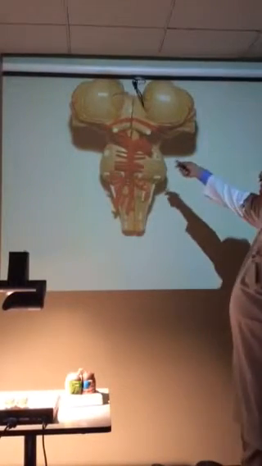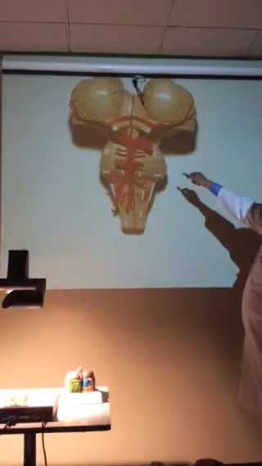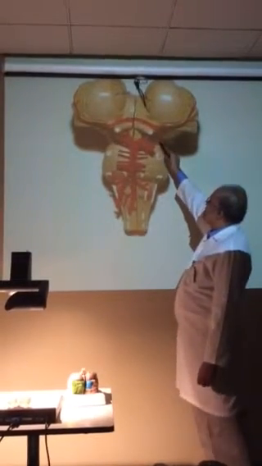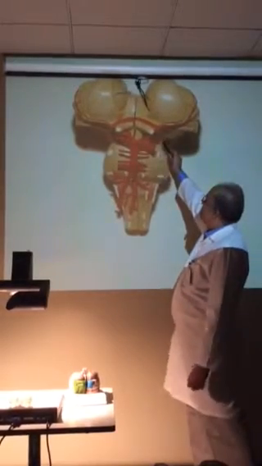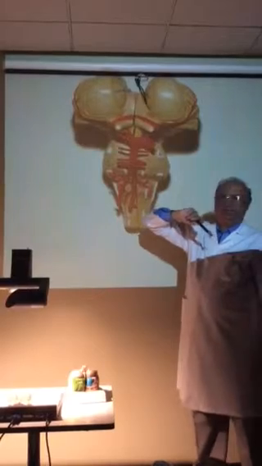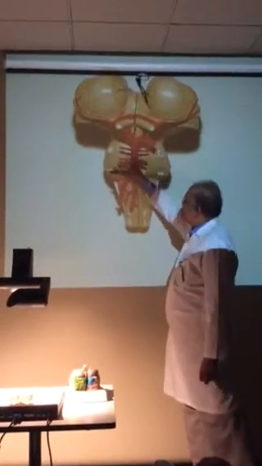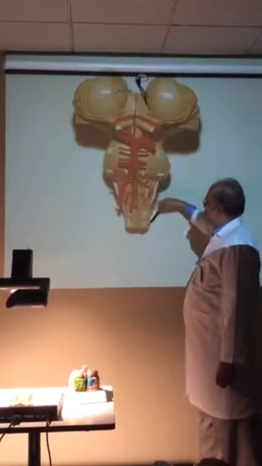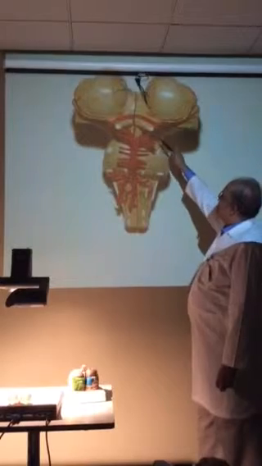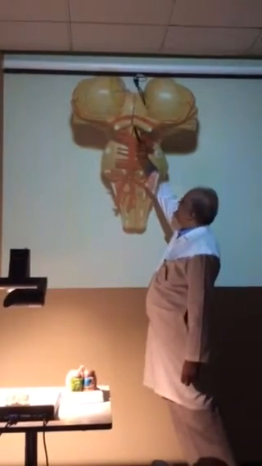There is the diencephalon at the top. And here is the midbrain. You can see one crus cerebri here, the other crus cerebri here, which are also known as cerebral peduncles. So this part belongs to the midbrain. This is your pons, and this is the medulla. This is the pontomedullary sulcus.